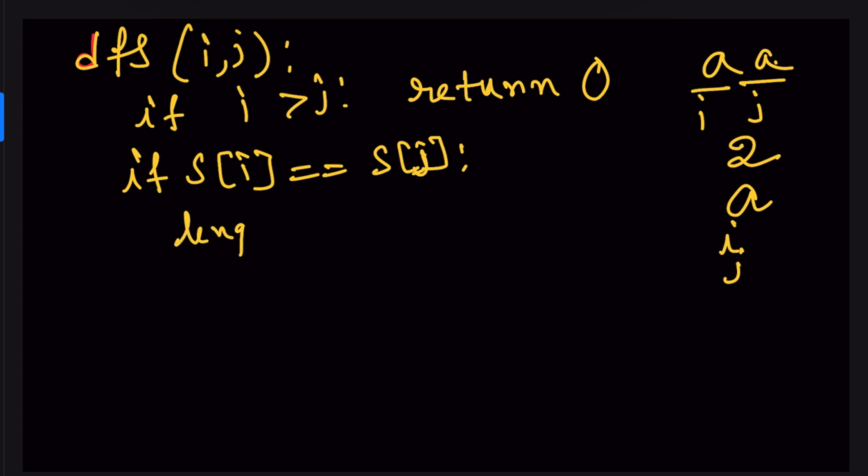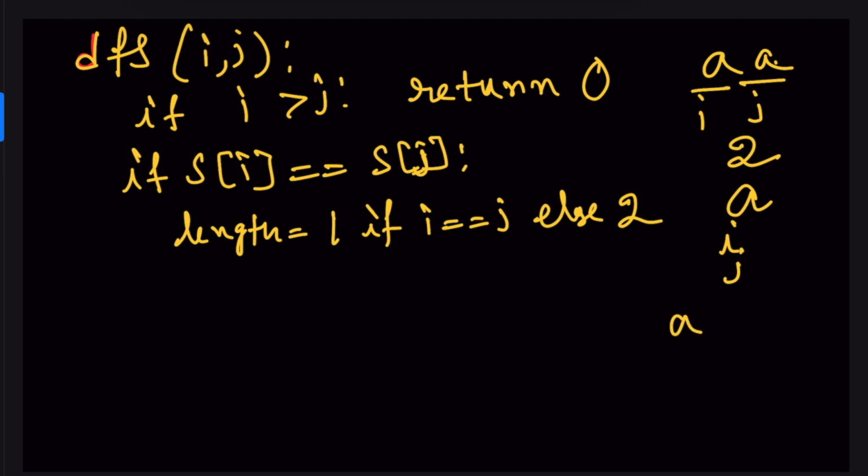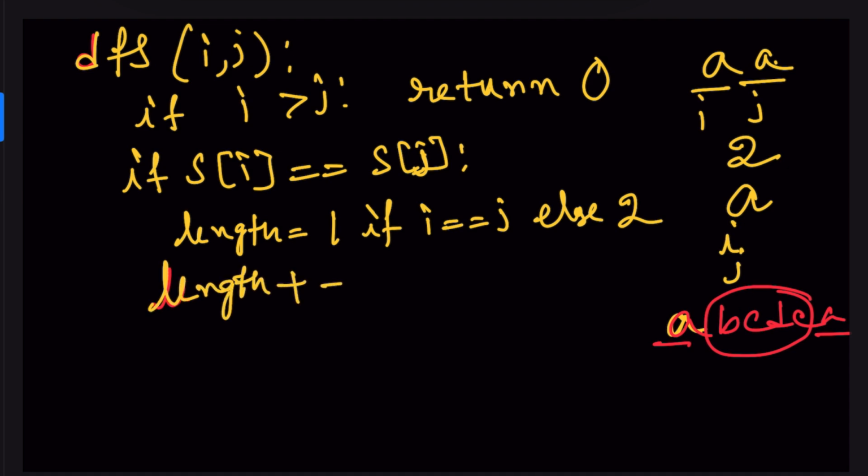So length is 1 if i equals j, else 2, right? And let's consider the larger actual string we had, A, B, C, D, C, A, something like that. So if A and A are matching, we have to check now for the rest of the string. So length plus will be DFS(i plus 1, j minus 1).